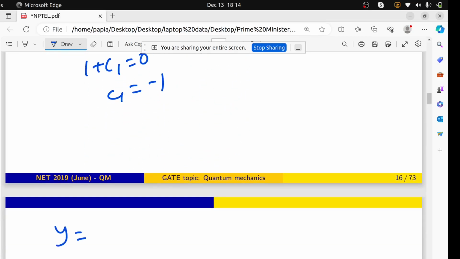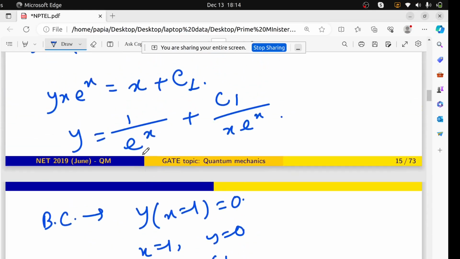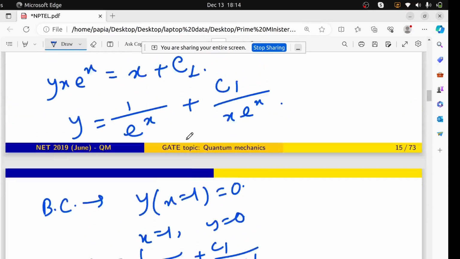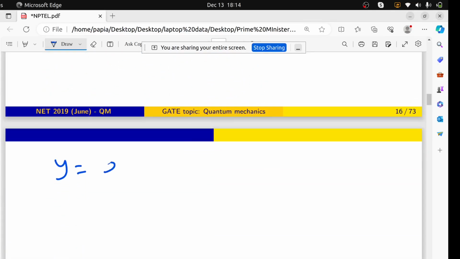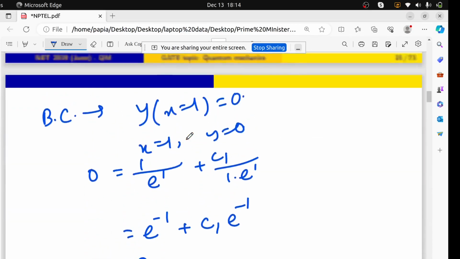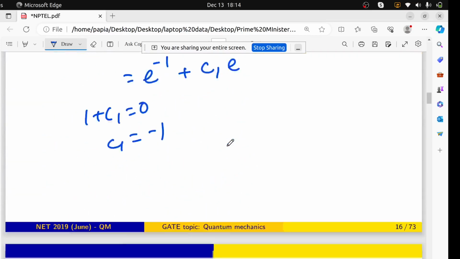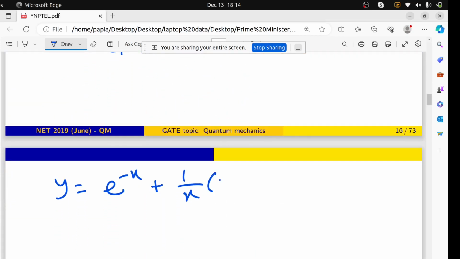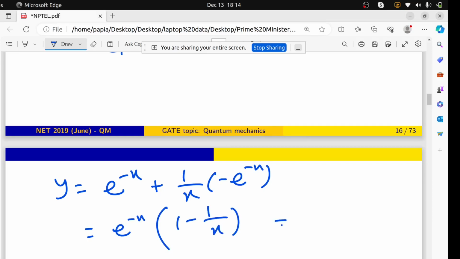Then what will be y? y will be e to the power minus x plus 1 by x minus e to the power minus x. So e to the power minus x times (1 minus 1 by x). So if I just write it like (x minus 1) e to the power minus x, right?